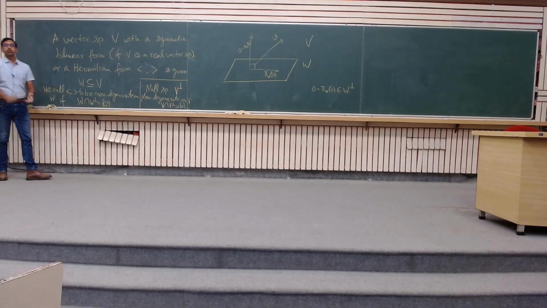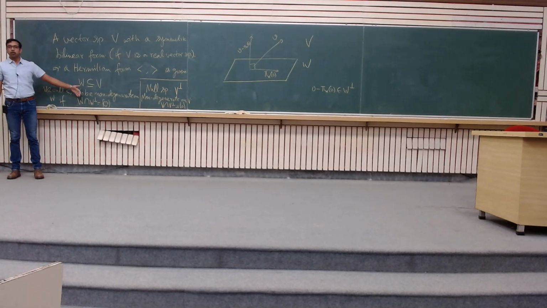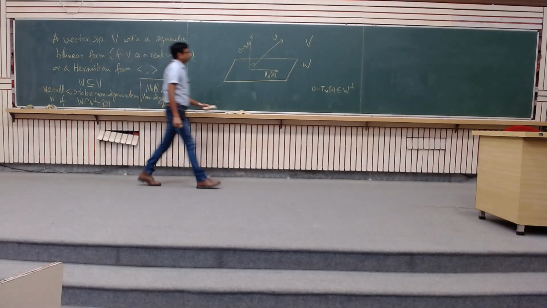The null space of the form on W is just W perp, and this means that there is no nonzero vector in W which is orthogonal to all other vectors. All right.